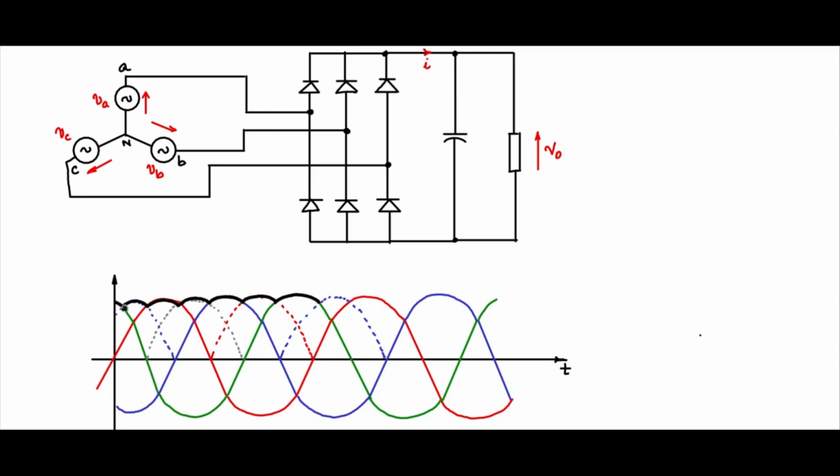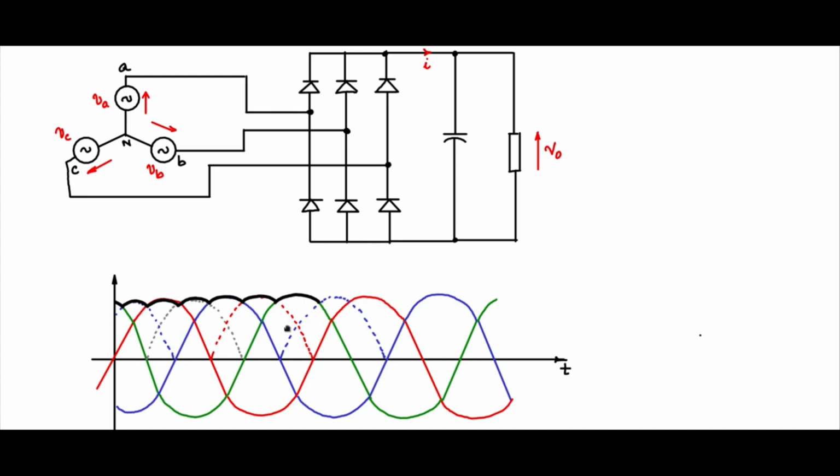And then look at this envelope. This is the envelope that you would see here, and this envelope you obtain even without the C filter. So this would give you 13.3% ripple.